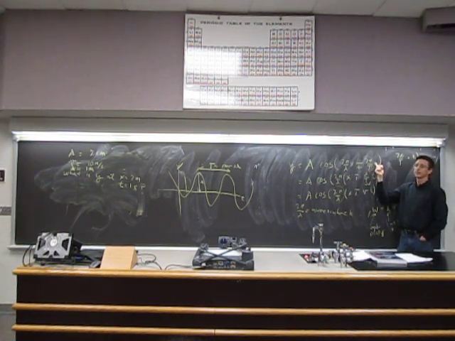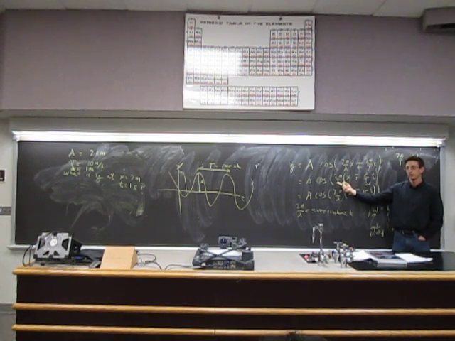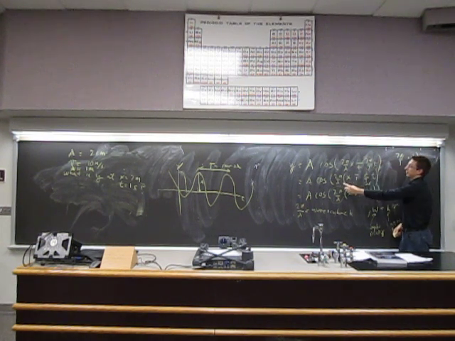So if the time changes by 1 period, this argument changes by 2 pi. So if this t was big T, I've gone a whole circle, 2 pi. So if I factor out from this whole thing a 2 pi over lambda, and I multiply this through, I want to get this term back. So 2 pi over lambda times lambda over T is just 2 pi over T, right? And so that's where that comes from. And then this is just v.